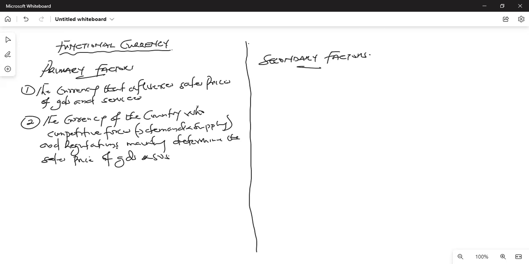All right, so you will see the primary factors by identifying the currency that influences the selling prices. You also see the currency of the country whose competitive forces and regulations mainly determine the selling prices of goods and services. Lastly, of the primary factors, we are talking about the currency that mainly influences the factors of production.